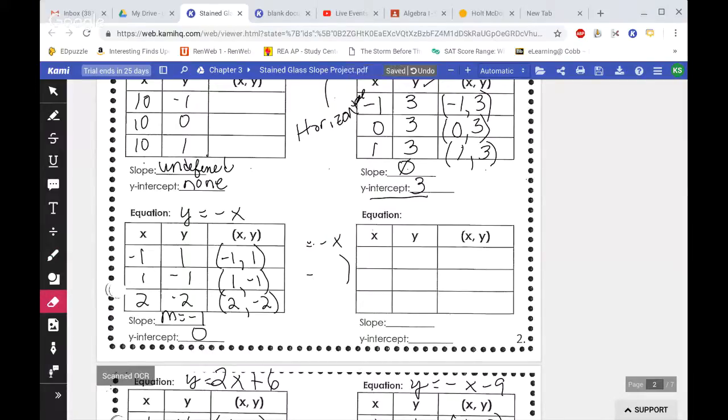Is there another equation someone would like me to do? What does it mean on the back page where it says choose the x-intercept and y-intercept pairs? Okay.